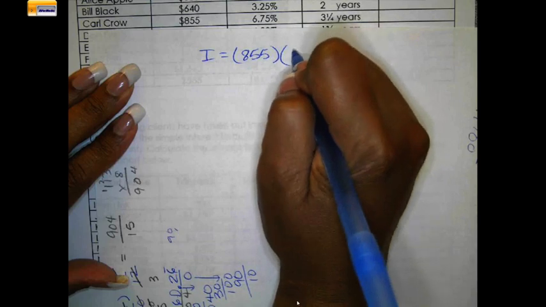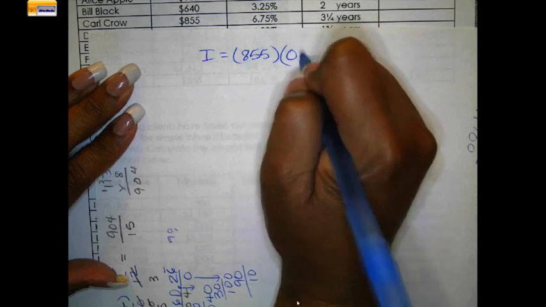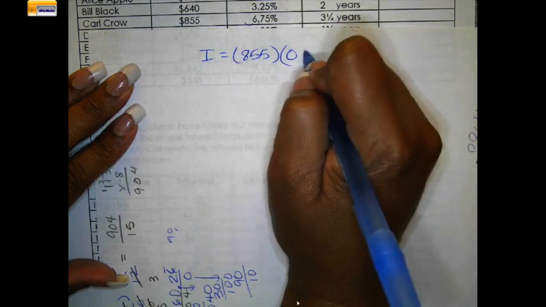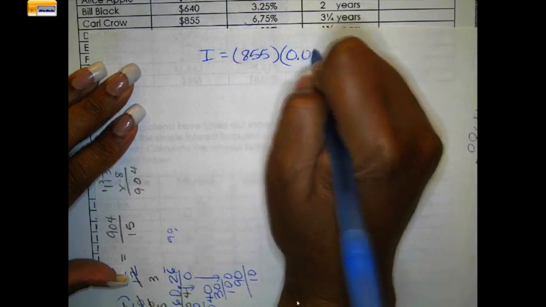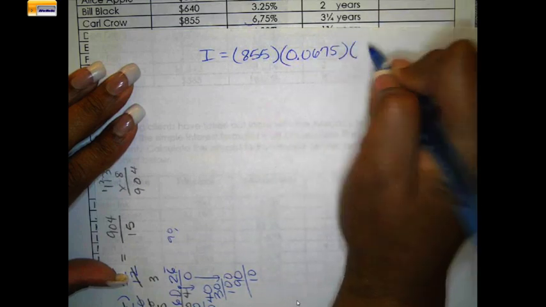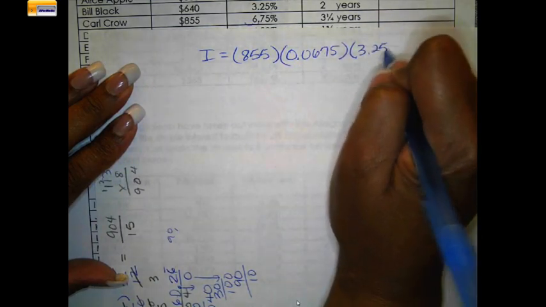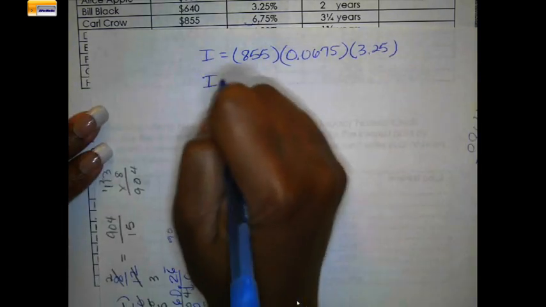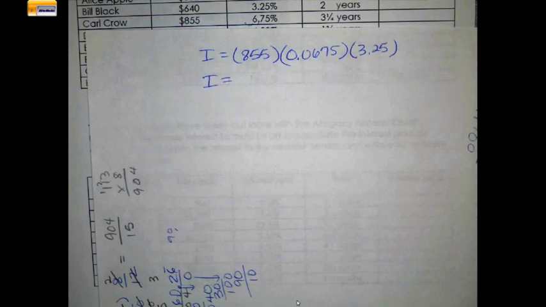The interest is 0.0675. You got it now? Finally? Okay. And then your time is 3.25 years. So just make all those decimals and multiply it. Tell me what you guys get. Don't forget to round.